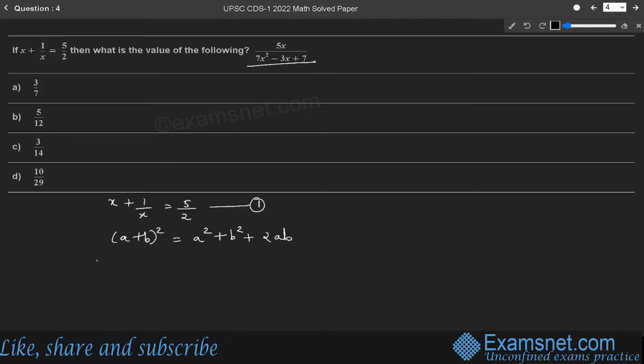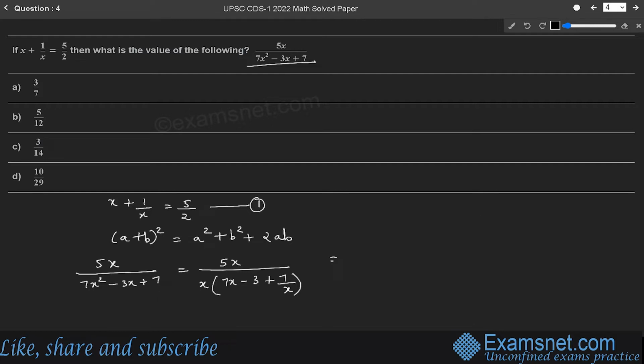Now we have to find the value of 5x upon 7x squared minus 3x plus 7. Taking x common from the denominator, we get 5x upon x into (7x minus 3 plus 7 by x). This is the term we get after taking x common from the denominator.